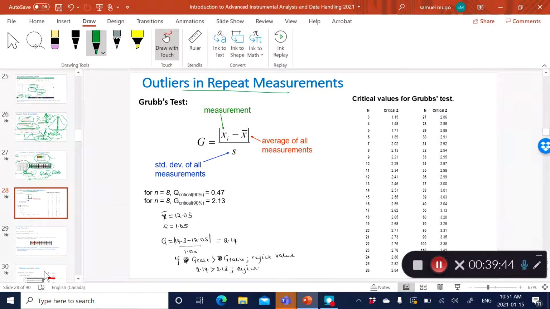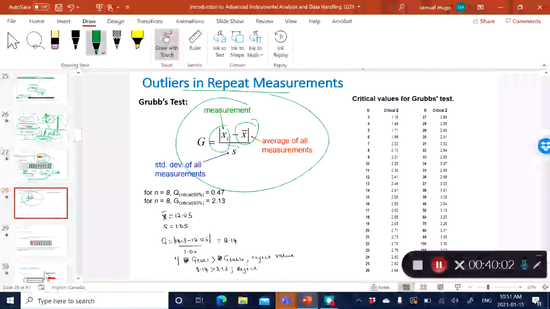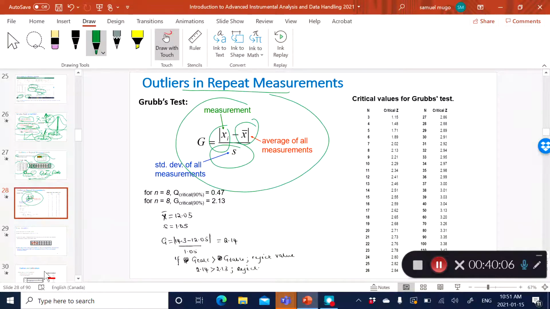And the Grubbs test, again, is a fairly simple relationship where you calculate the G based on this relationship: the questionable value, minus, in this case, the average of all measurements, including the questionable value, divided by the data distribution, the standard deviation. And you can see when I do that, I get my G calculated as 2.14.